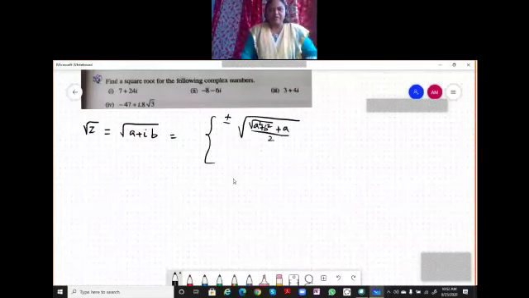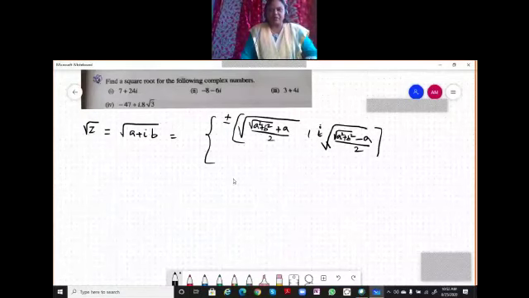plus i into square root of (square root of a squared plus b squared, minus a) by 2. So this is the case if b is greater than 0. If b is less than 0, what will be the case?